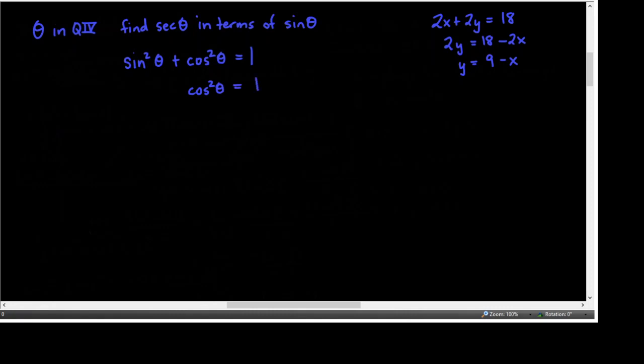And notice that what I'm getting on the other side is an expression that's in terms of sine of theta, so I think we're on the right track. Then we'll take the square root of both sides, which will be plus or minus the square root of 1 minus sine squared theta.